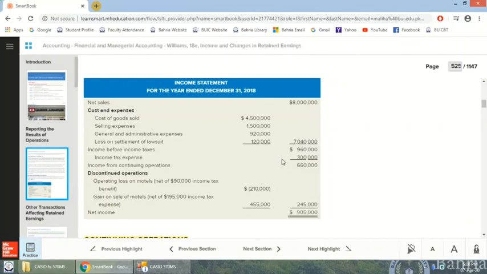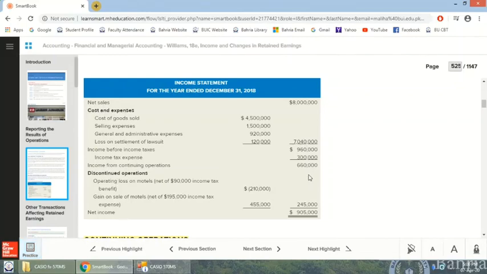If it's a small business, they might pay less tax. So the percentage does not have to be constant. You compute it from the income before income taxes, multiplied by the tax rate that has been given to you, and you get income tax. So you subtract that from the net income and you get income from continuing operations.